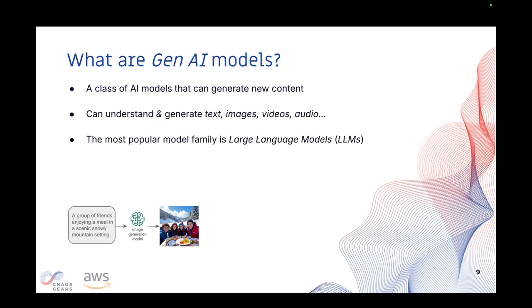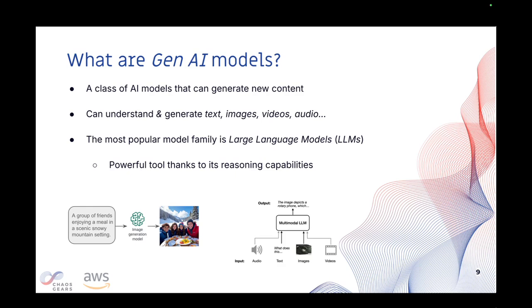And the most popular model family is large language models. These are generative AI models that can generate text. It's very powerful because it allows you to accomplish many diverse tasks, and it has some reasoning capabilities, so it can think about the task that it has to do and therefore achieve high accuracy.